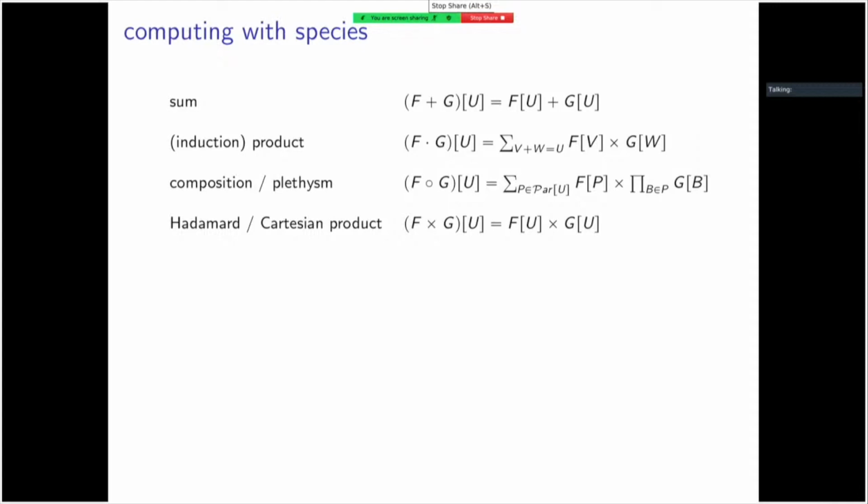And the product works as follows. We take our set of labels U, and we split it in all possible ways into two parts. So we choose two subsets. And then we put an F structure on the first subset and a G structure on the remaining subset.